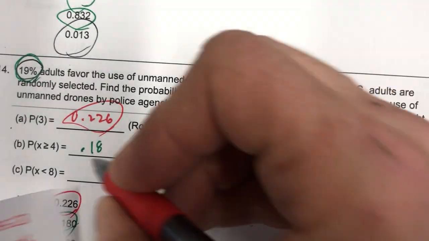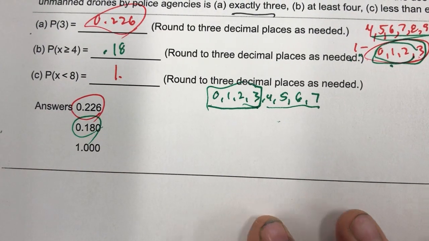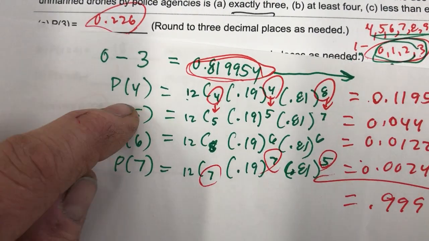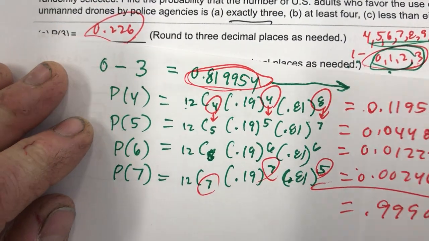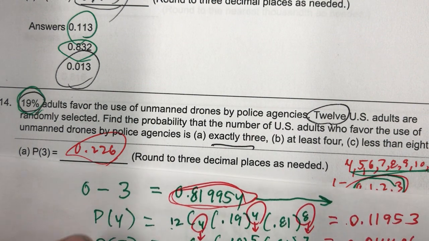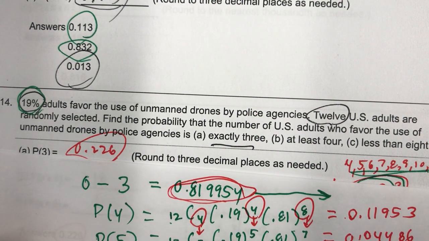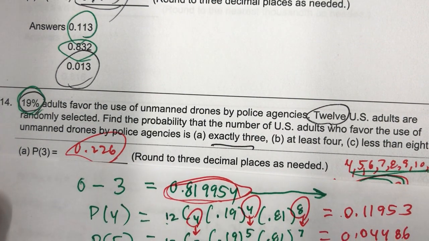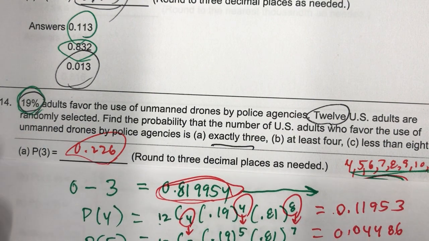So if I round to the nearest tenth, it is 1. And you can see it right there, 1. So basically what that means is, if only 19% favor these drones, if you get 12 people, it's going to be less than 8 in favor of this.